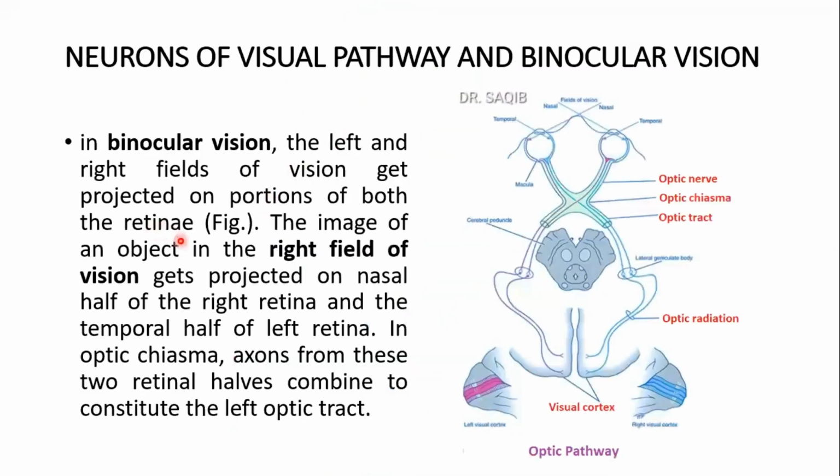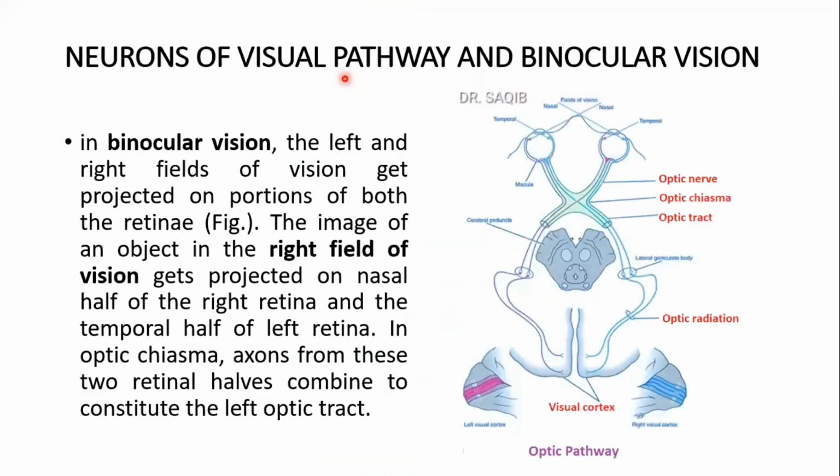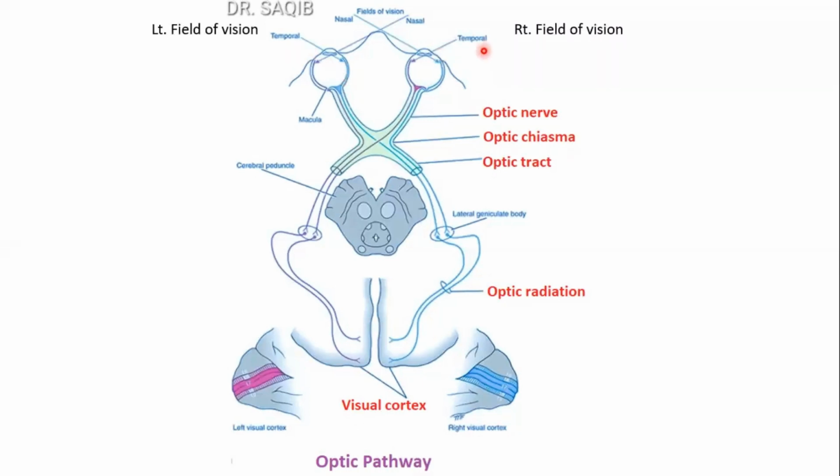The image of an object in the right field of vision gets projected on the nasal half of the right retina and the temporal half of the left retina. I've shown you already this whole phenomenon. This is the right field of vision. This is the image. This is the temporal.